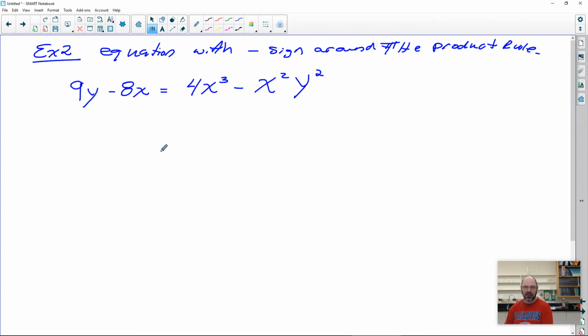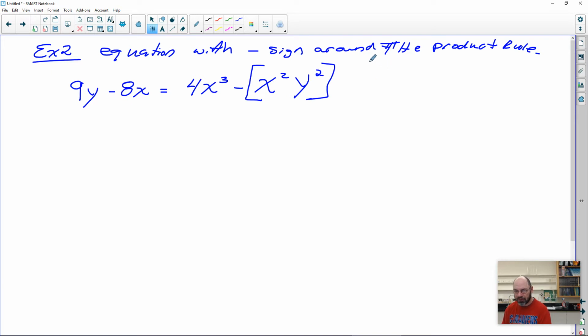Okay, so what we're going to do is the product rule here. Now, there are a couple of ways you can do it. I'll show you the way I like to do it. You could, when you do the product rule, just use negative x squared as your f and y squared as your g, but what I like to do is just do the product rule of this and then leave that negative out front.